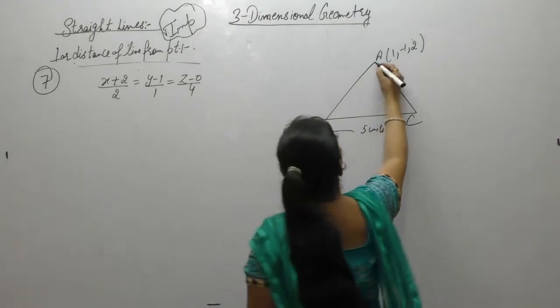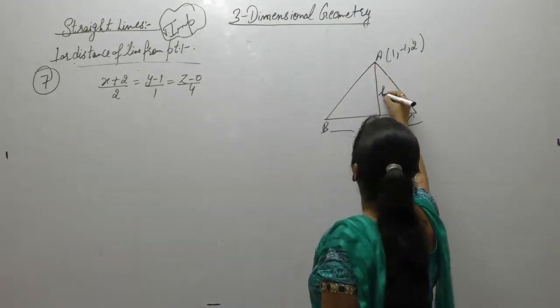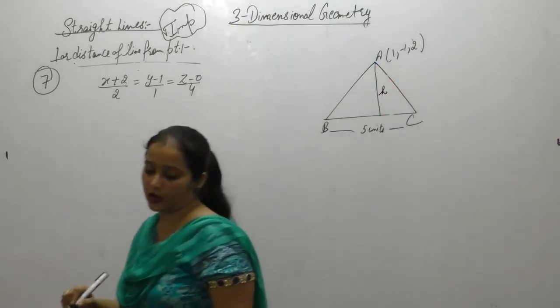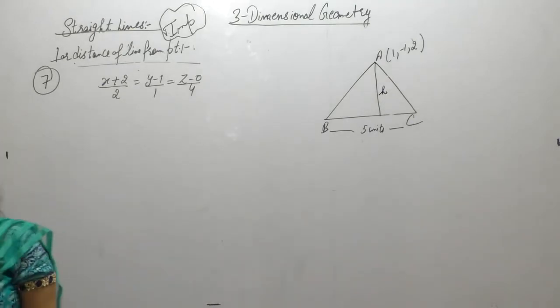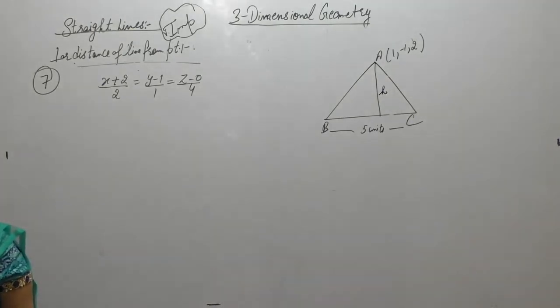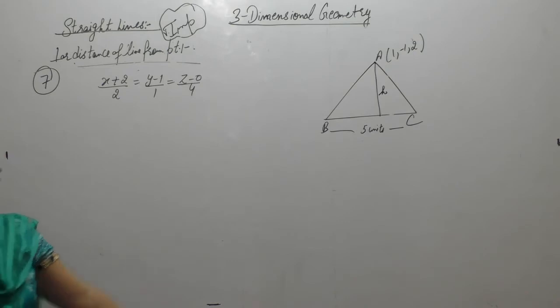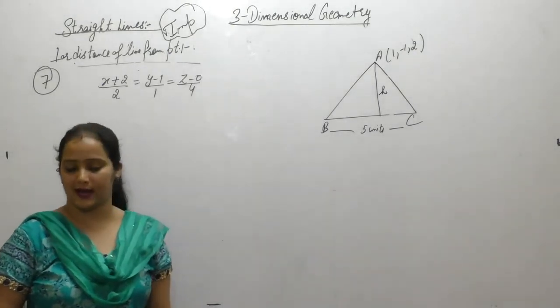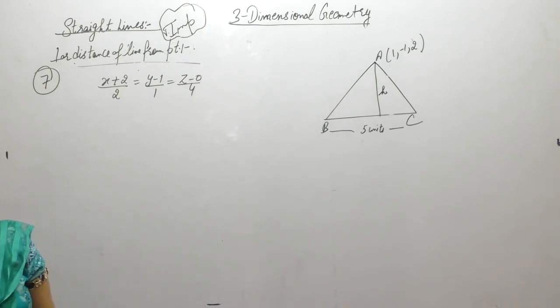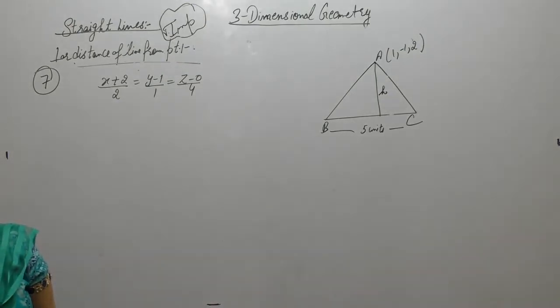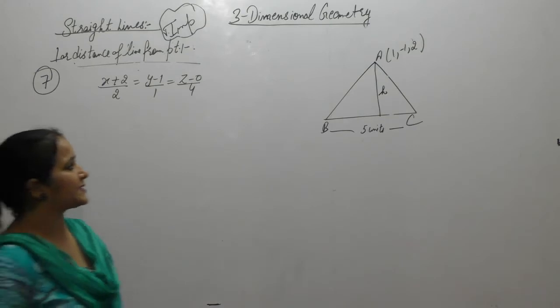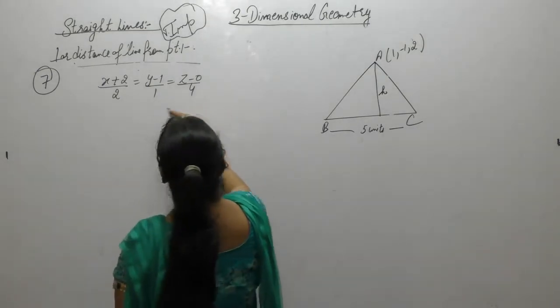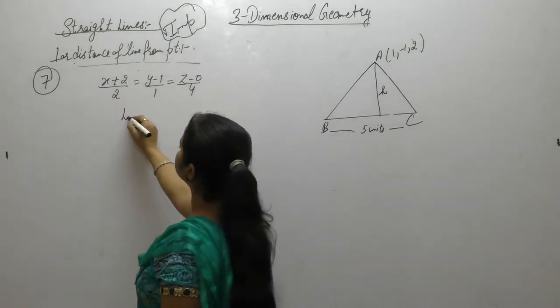Now, the height h of triangle ABC is the length of the perpendicular drawn from point A to the given line.